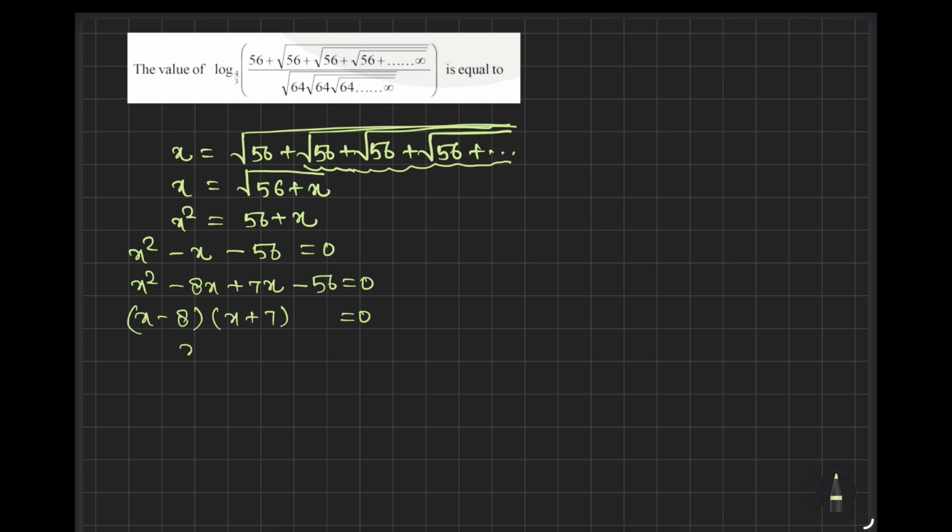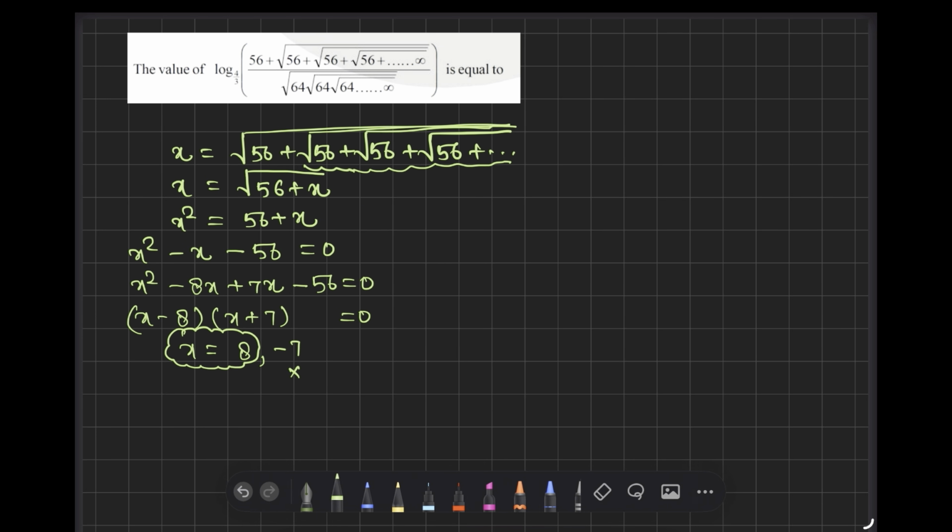The value of x comes out to be 8 and minus 7. You know that this is a square root, correct? And the range of the square root is a positive number, so outside it we will have a positive number. Therefore, the required value of x is 8, not minus 7. I hope till this part you guys are okay.